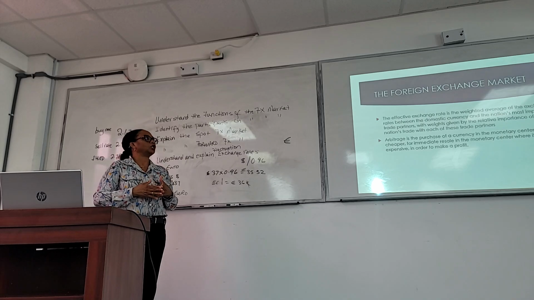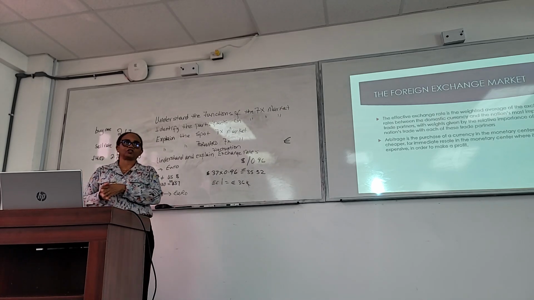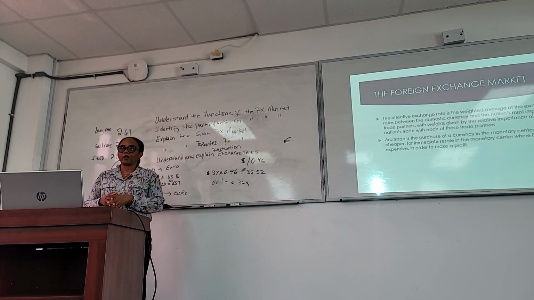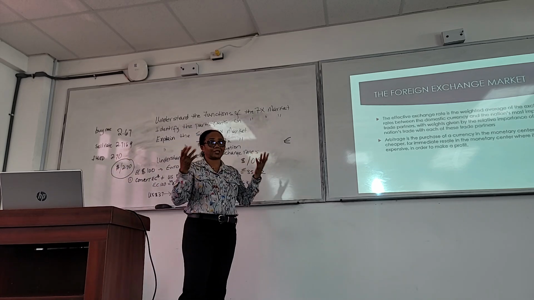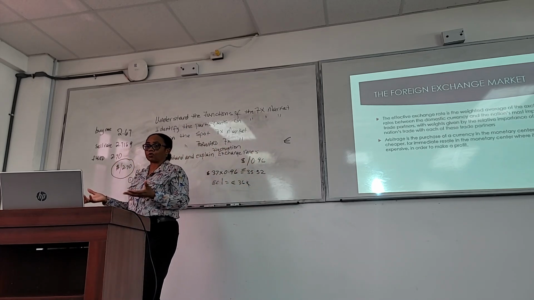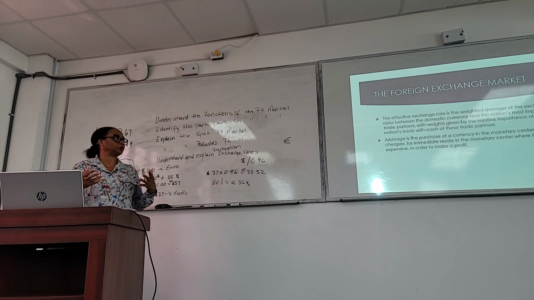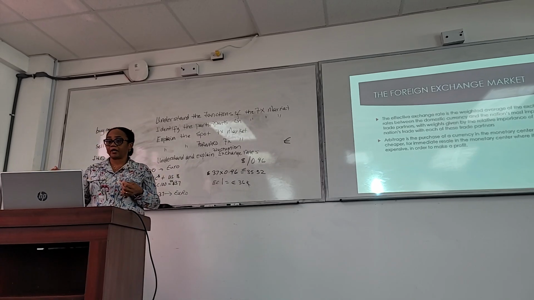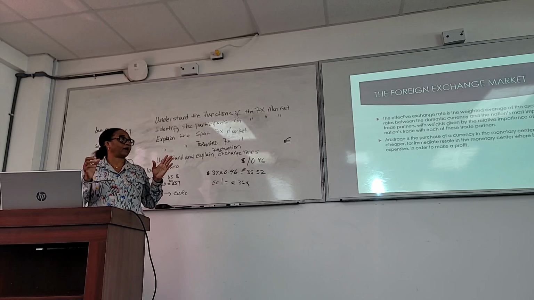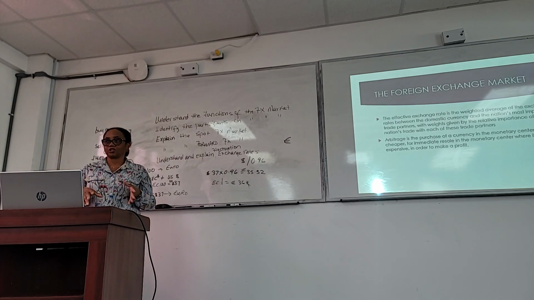Now, within the foreign exchange market, you have persons who deal in the market out of necessity because they need to do so. And then you have persons who operate in the market to make a profit. Those people are called arbitrageurs, the people who are looking to make a profit.